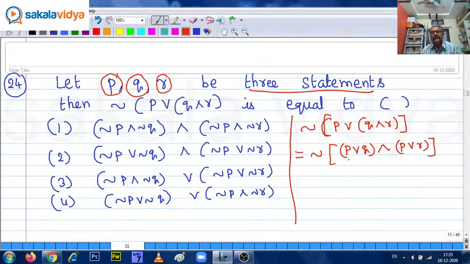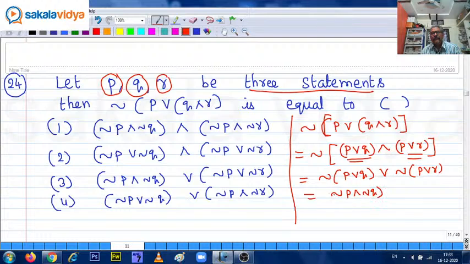Say this is one statement, this is another statement. When you apply negation, this symbol reverses: negation of (P or Q), or negation of (P or R). Now this can be written as negation P and negation Q, or negation P and negation R.